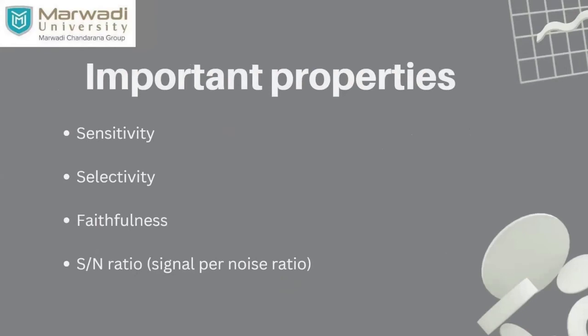And important properties to make a proper receiver circuit: it has to be properly sensitive. Sensitive means at the RF stage, the RF amplifier should pass only some amount of frequency. If there is a change of even some kilohertz or some hertz, then through all the later levels it can affect the output.